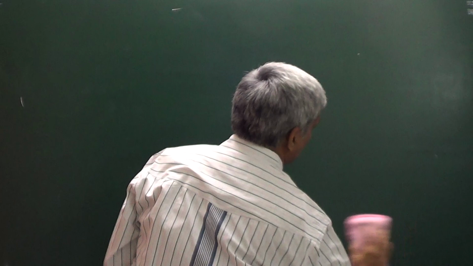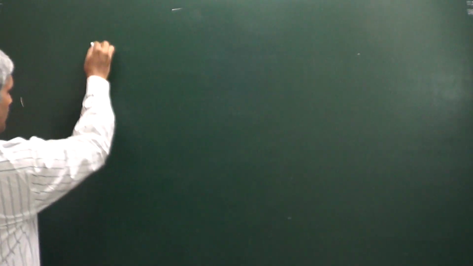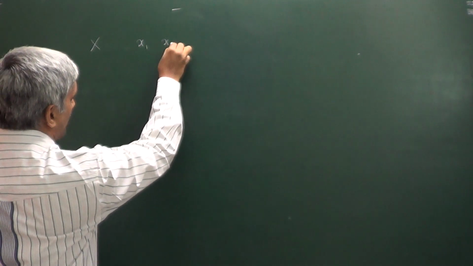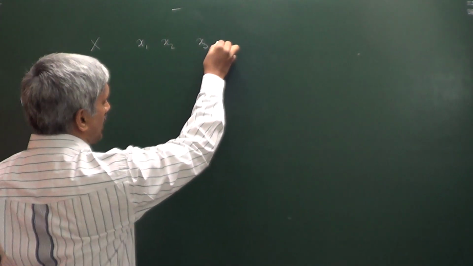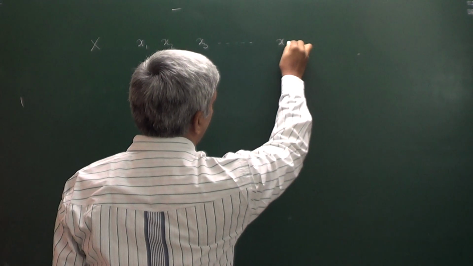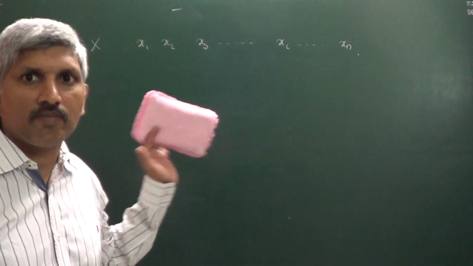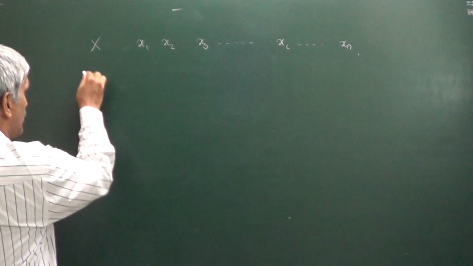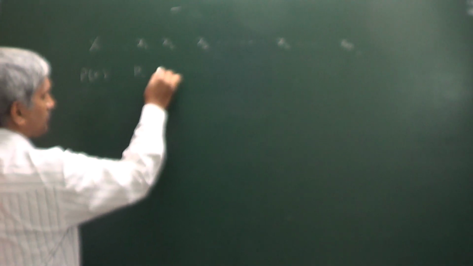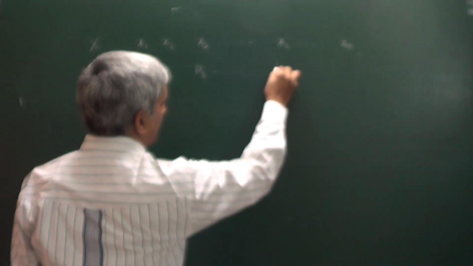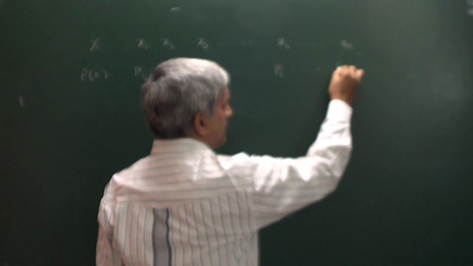So X is the random variable that takes the values x1, x2, x3 and so on, xi and so on, xn. These are the values taken by the random variable X and their respective probabilities are P1, P2, P3 and so on, Pi and so on, Pn.